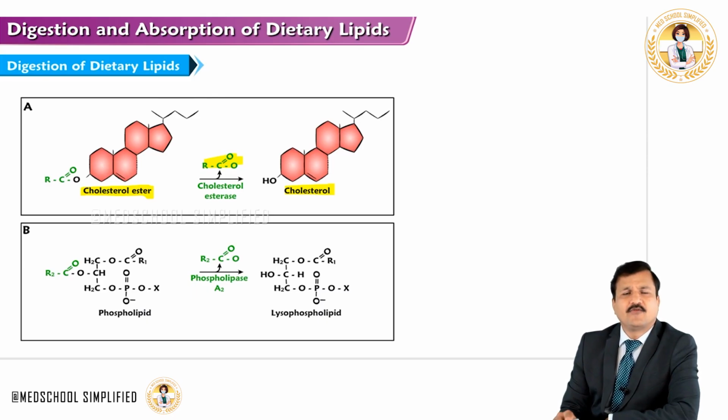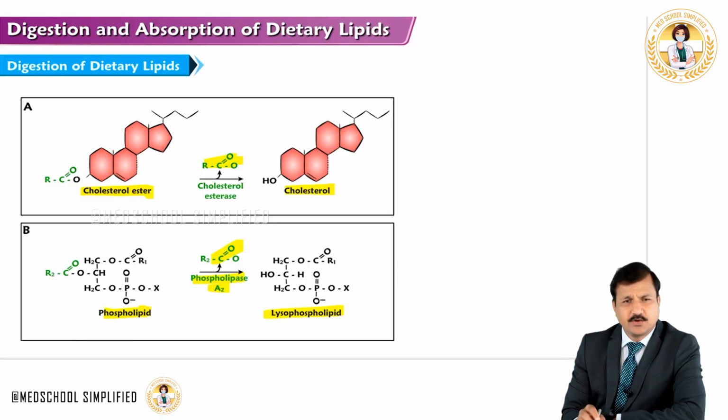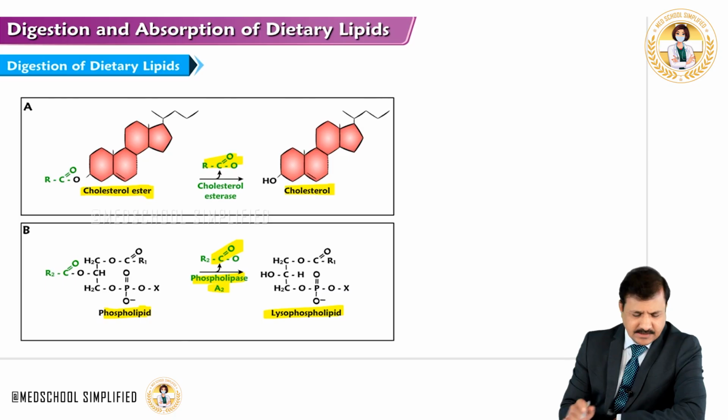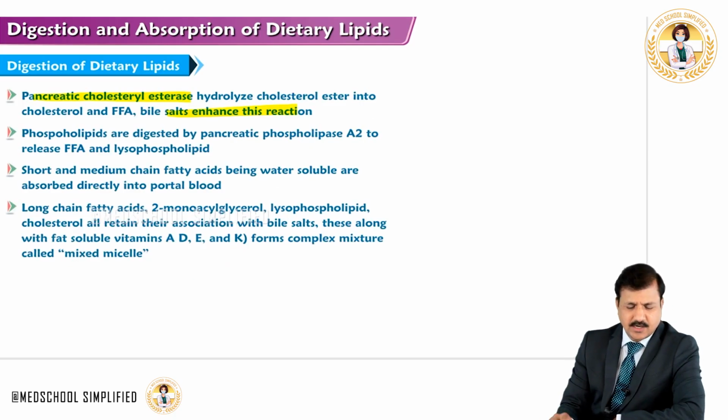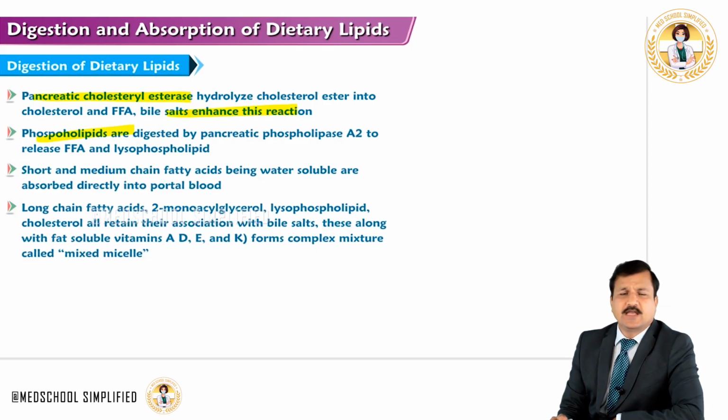Similarly, a phospholipid is acted on by the pancreatic phospholipase A2 enzyme, releasing a lysophospholipid and a free fatty acid. So like this, dietary lipids are digested into free fatty acids, free cholesterol and lysophospholipid.